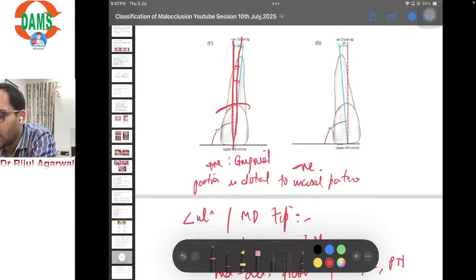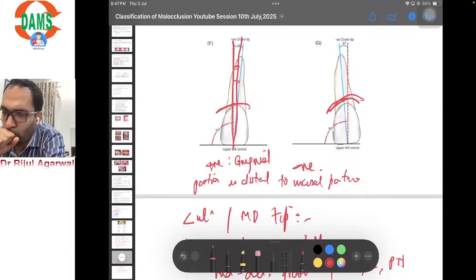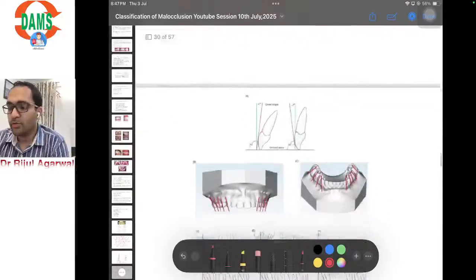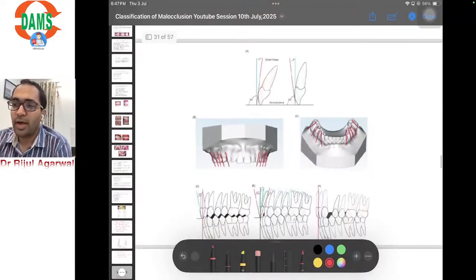Means this is the gingival portion, this is distal. And negative will be the reverse of that. So this is crown angulation.